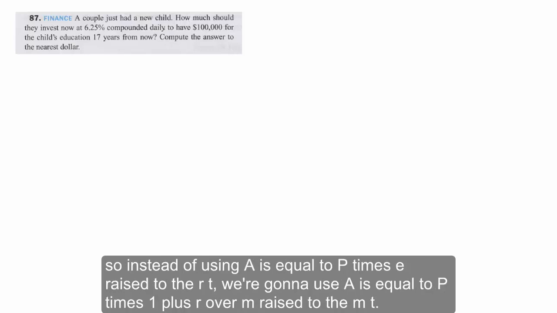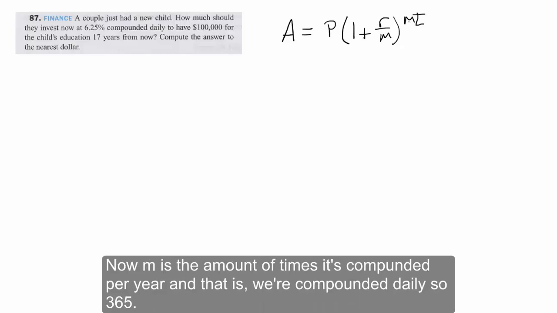So instead of using A is equal to P times e raised to the rt, we're going to use A is equal to P times 1 plus r over m raised to the mt. Now m is the amount of times it's compounded per year, and we're compounded daily, so 365.